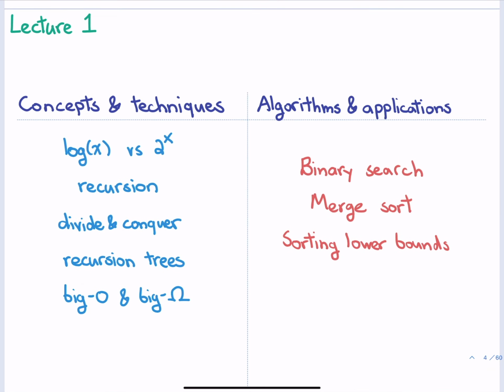All right, so what did we do last class? We did some algorithms, but we also introduced a lot of more general ideas. We started small, talking about search problems, things like binary search, but it also helps us understand some distinctions like just log x versus 2 to the x. We also did merge sort, which I'm guessing you have mostly seen before. But it wasn't really just about merge sort.